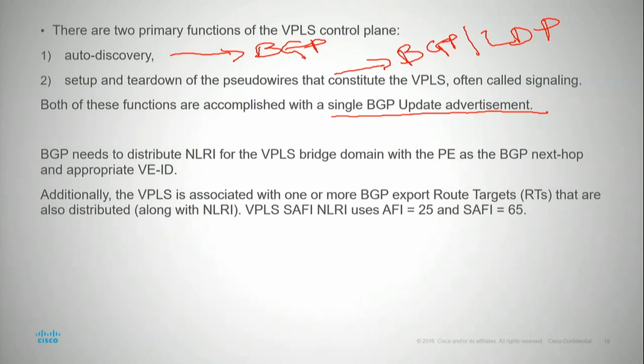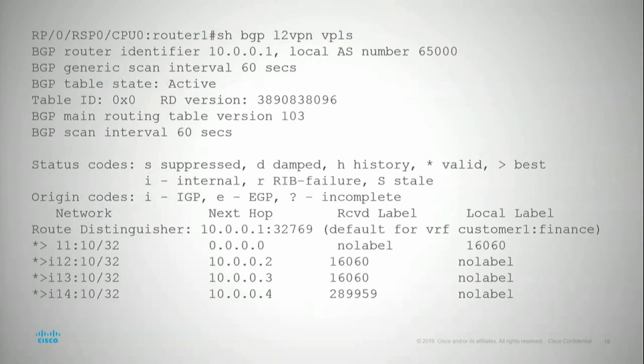BGP needs to distribute network layer reachability information for the VPLS bridge domain with the PE as the BGP next hop and the appropriate VE ID. Additionally, the VPLS is associated with one or more BGP route targets that are distributed along with the NLRI. The VPLS address family and sub-address family are also distributed in that BGP update advertisement.